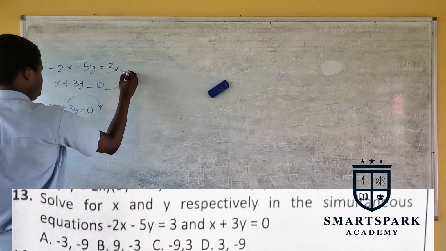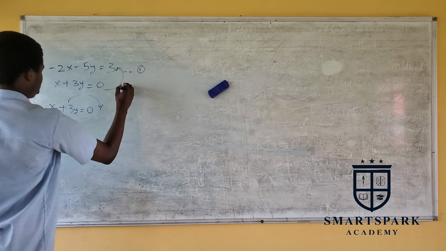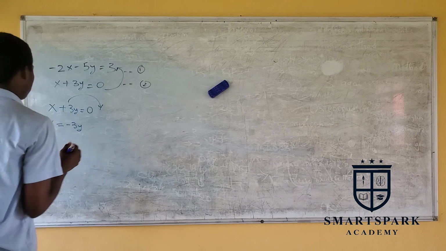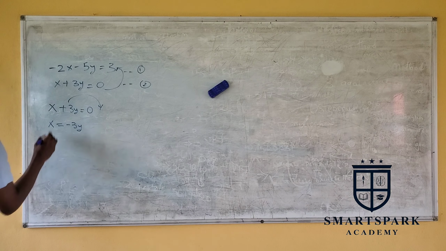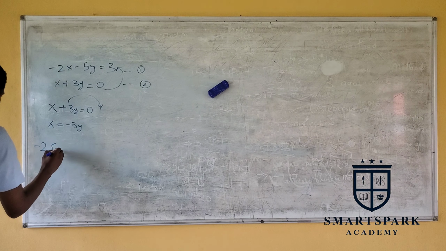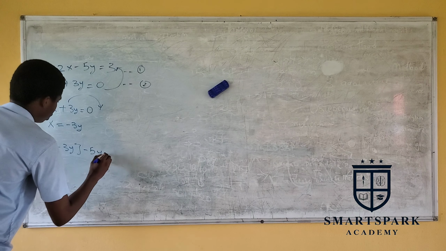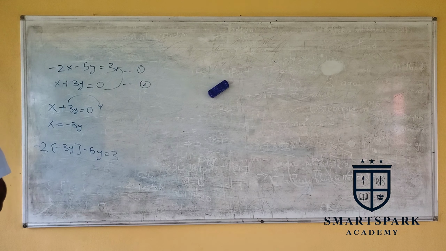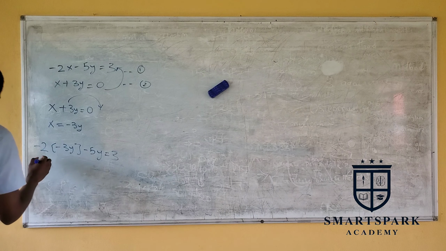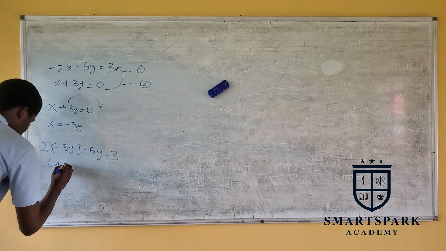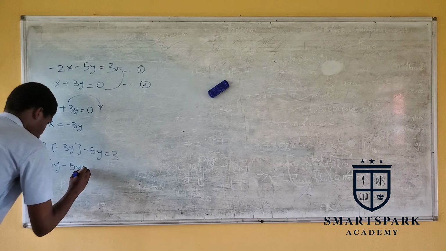We substitute this into equation 1. So minus 2 times minus 3y minus 5y equals 3. Minus 2 times minus 3 is 6y, so 6y minus 5y equals 3.